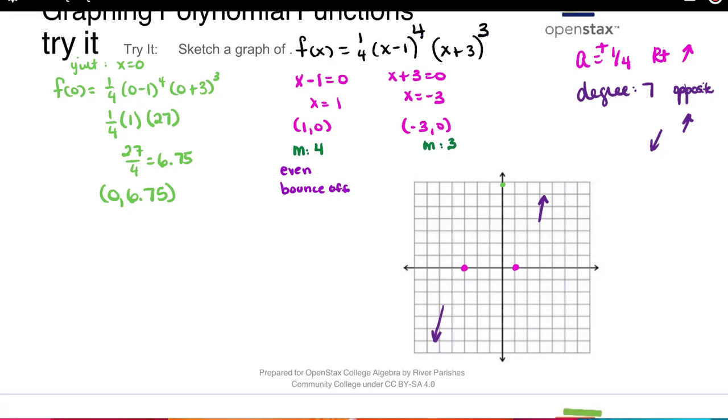But it's a large multiplicity, so it's going to kind of flatten out first. And then this one is odd, so it's going to go straight through, but 3 is larger than 1, so it's going to flatten out as well, kind of like that. All right, so let's put this all together.